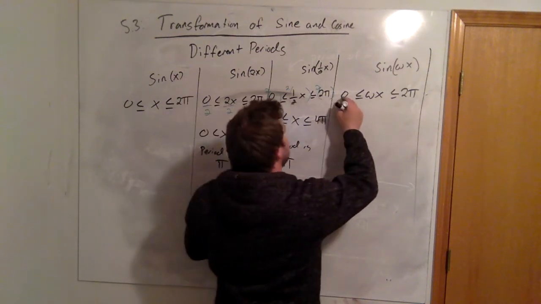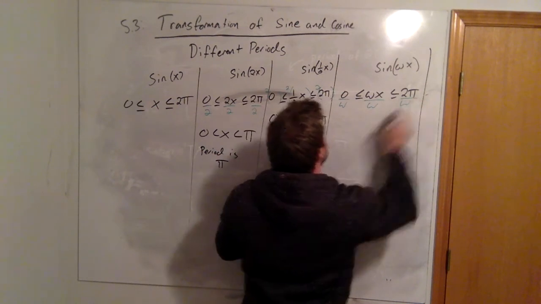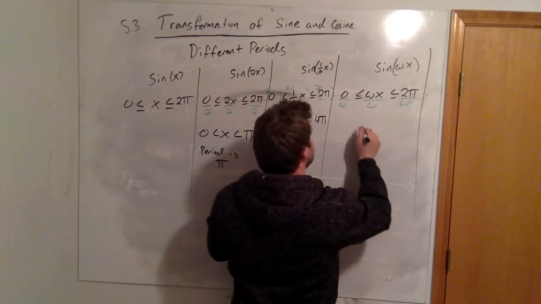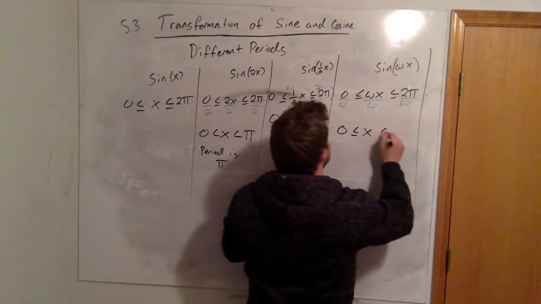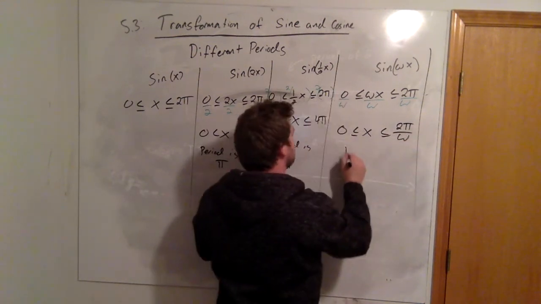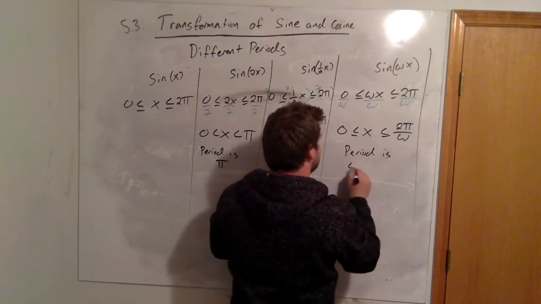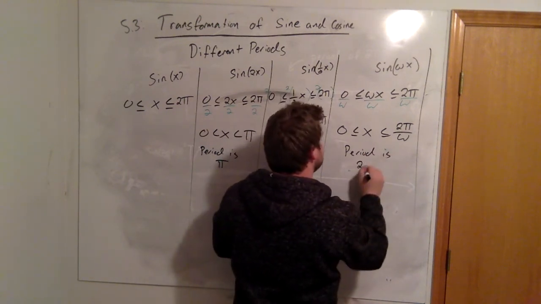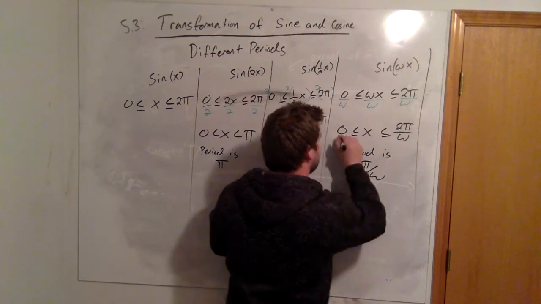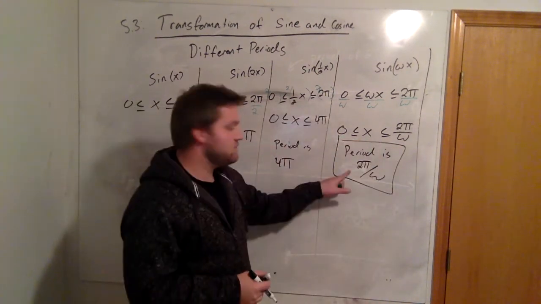Well, how about we divide everything by omega? So I would have that x would have to be between 0 and 2 pi over omega. So in general, the period is 2 pi divided by omega.